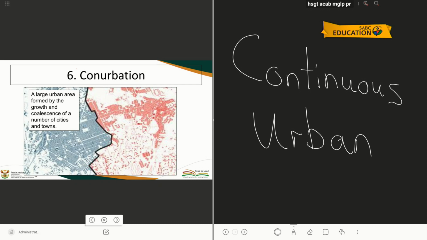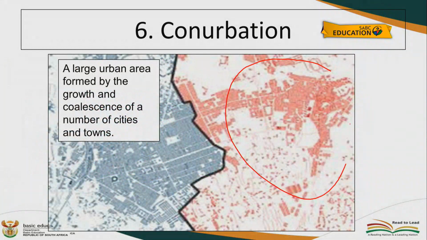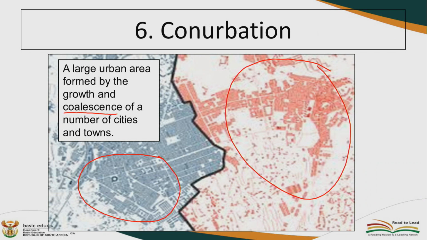In the picture, here's one on the right-hand side, the red one, and here's one on the left-hand side. That word there, coalescence, is just a rather large word for combining. The cities are now becoming so big that they are joining up. They're bigger than one city. It's 2 cities joining up, and we'll actually discuss in our next lesson where that is actually happening in South Africa.